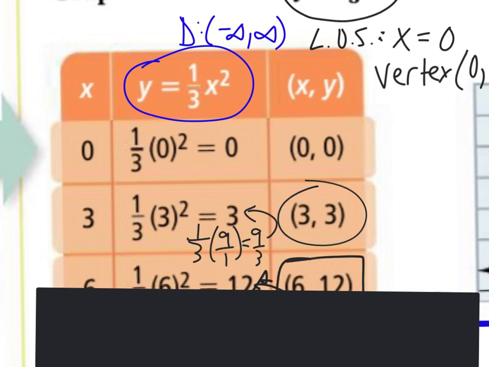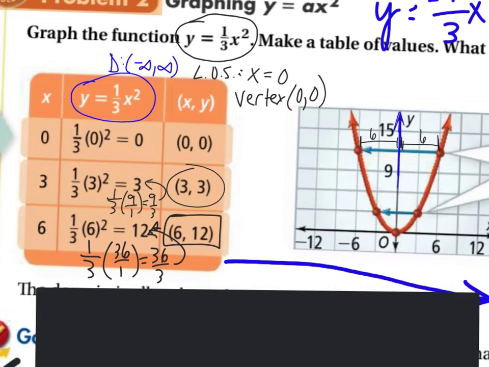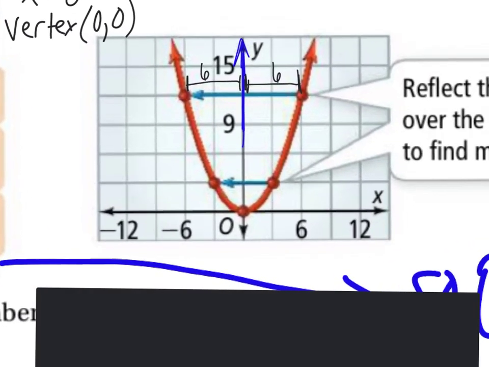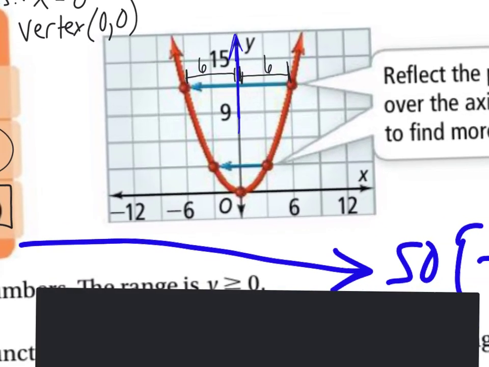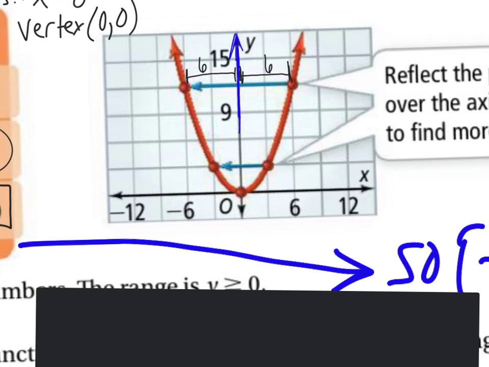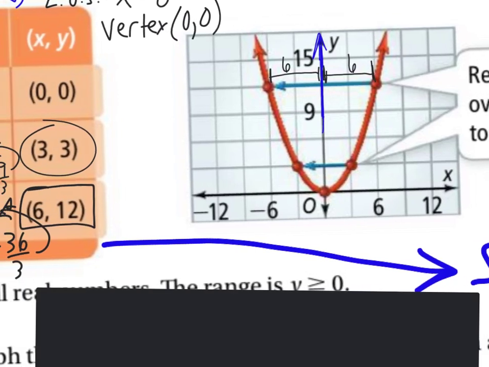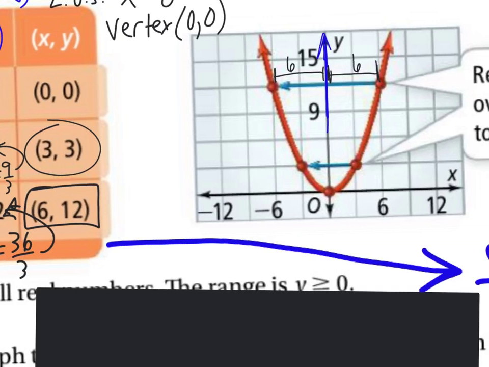And then the range is the possible y values. What you want to do for the y values is go from low to high. This is how I learned in tennis, when you swing the racket, low to high. So that's what I always think about when I do this. We start with the lowest y values and work our way to the highest y values. As I'm going from the bottom of the graph, I go until I get to a point.